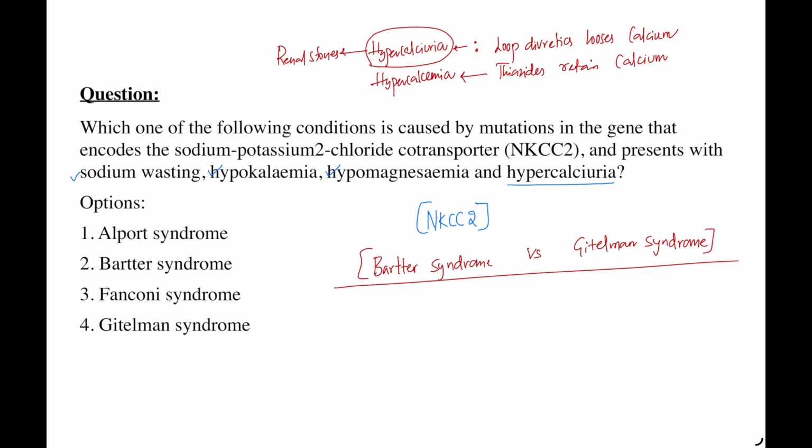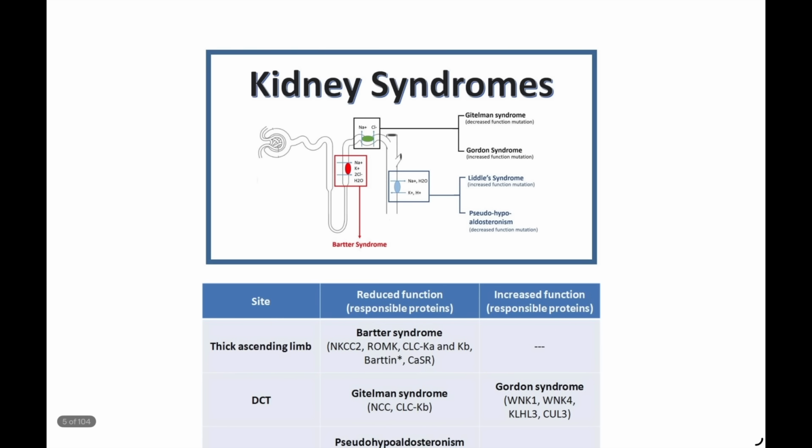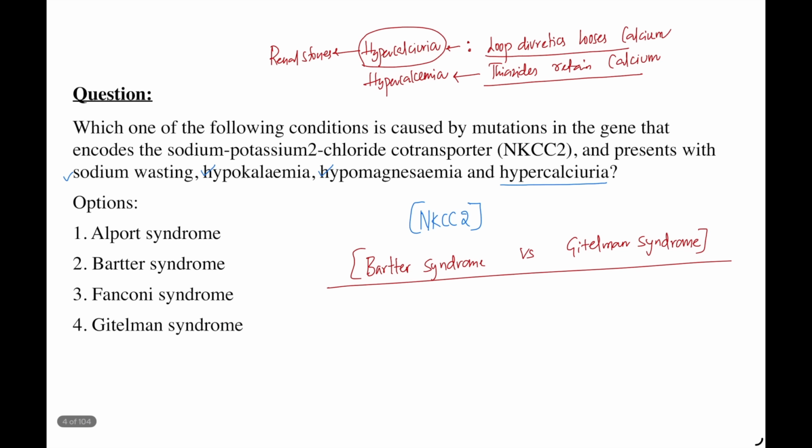And now, where do loop diuretics act? Where do thiazides act? You need to know that loop diuretics act in the loop, on the Na plus K plus 2Cl minus, the sodium potassium 2 chloride transporter. If this channel gets mutated, this leads to Bartter syndrome.